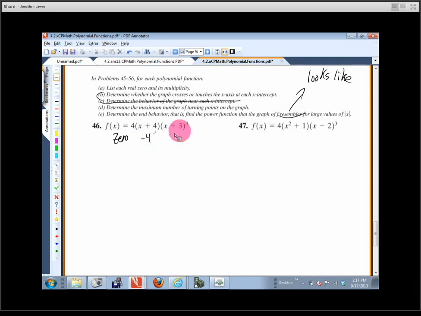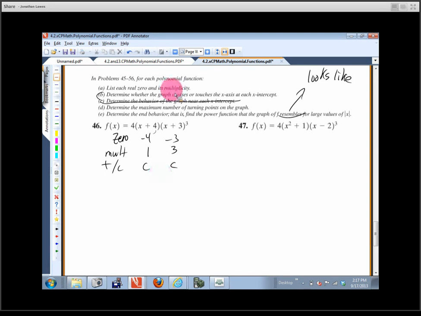What's the zero that comes from here? -3. What's the multiplicity? 1 here, 3 here. Behavior. Didn't we do this? T or C? They both cross. So if we've got a couple that touch and a couple that cross, you've got to be really careful when you're actually doing the graphing.